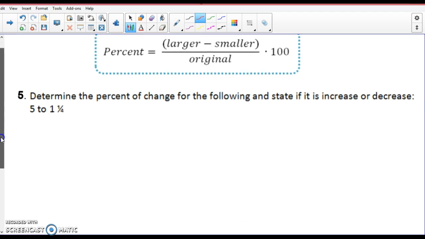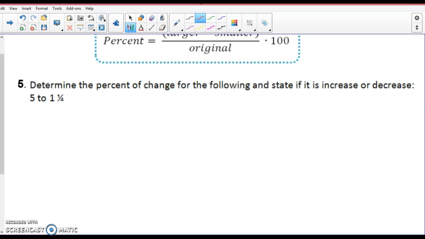All right, here we go. Determine the percent of change and state if it is an increase or a decrease. Well, first of all, is this going to be an increase or a decrease? Decrease. So I'm going to do x over 100 equals 5 minus 1 1/4 over, what goes in the bottom?